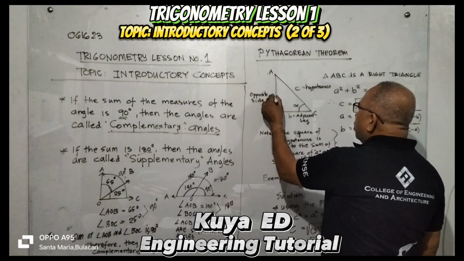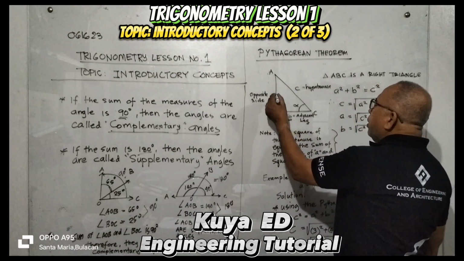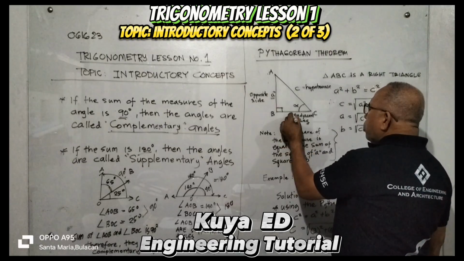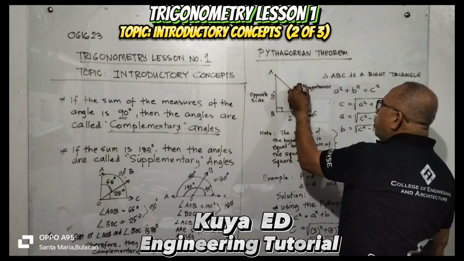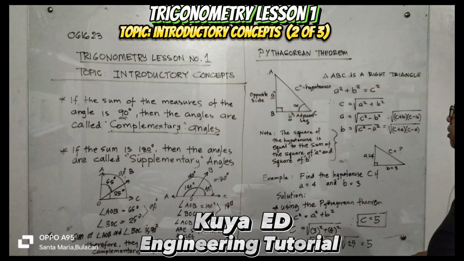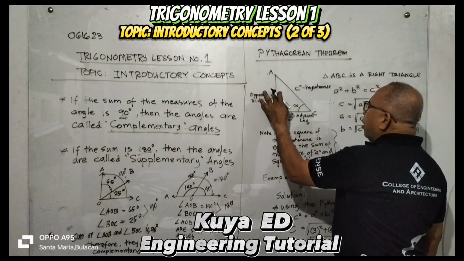The square daw nito saka yung square nito. So ibig sabihin, A squared plus B squared ay equal daw sa C squared. So yan daw ang kanyang pinakitang konsepto, no?